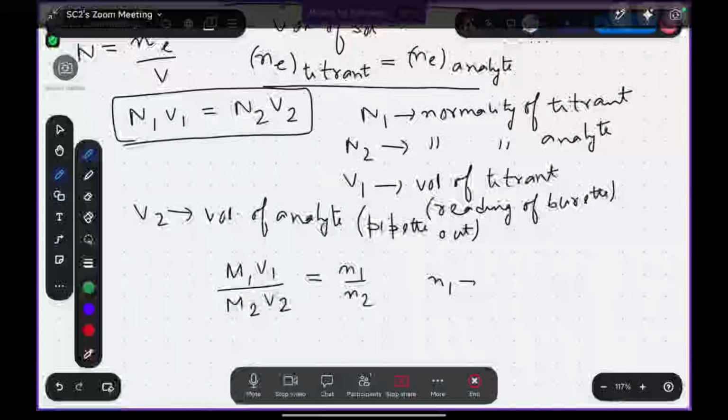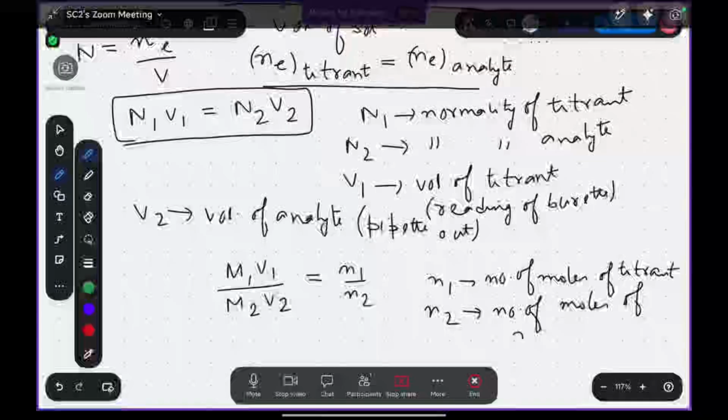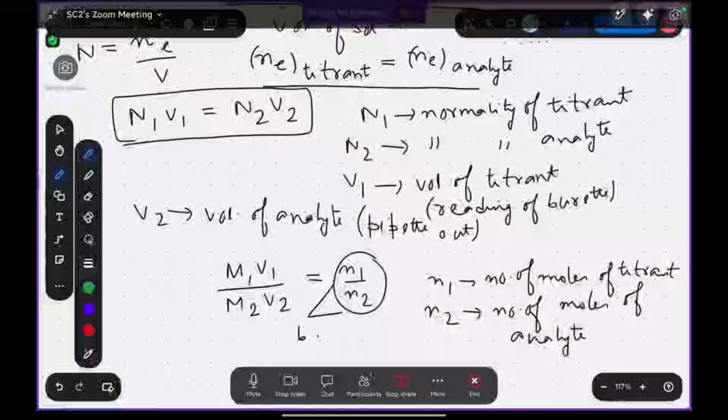So N1 becomes the number of moles of titrant, and N2 is the number of moles of analyte. How do you get N1 and N2? Both are obtained from the balanced equation. When you write the balanced equation for any redox reaction, you get N1 and N2 from there.